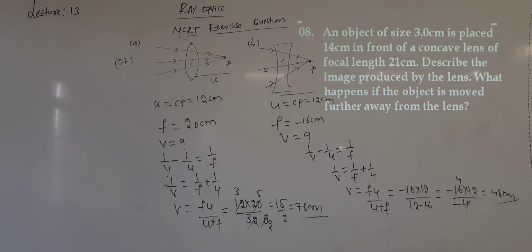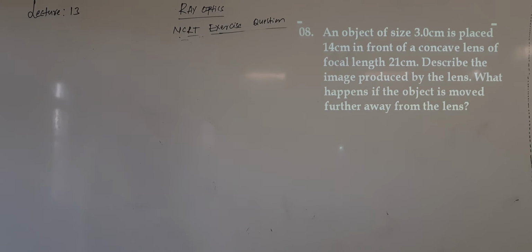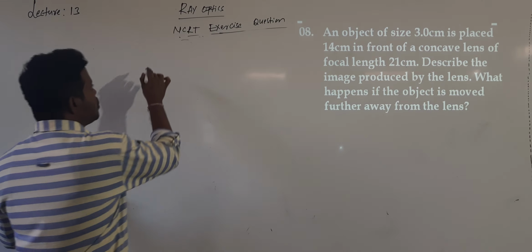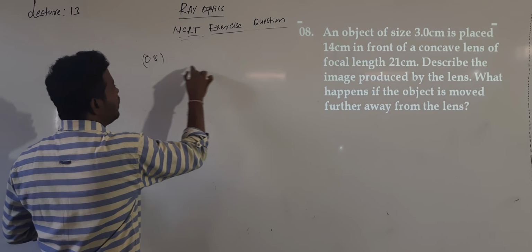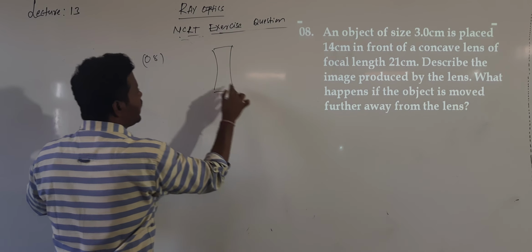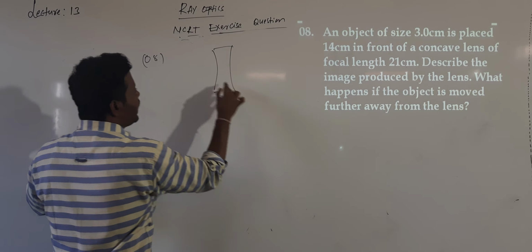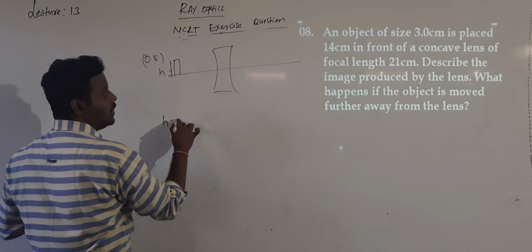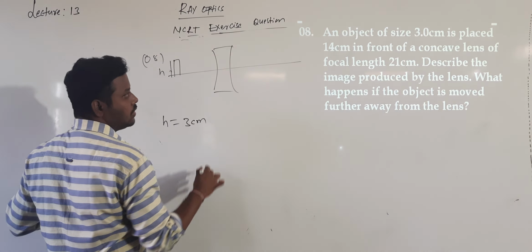In this question number 8, an object of size 3 centimeters is placed 14 centimeters in front of a concave lens. So the size of the object is 3 centimeters. Can I call it h? The value of h is 3 centimeters.